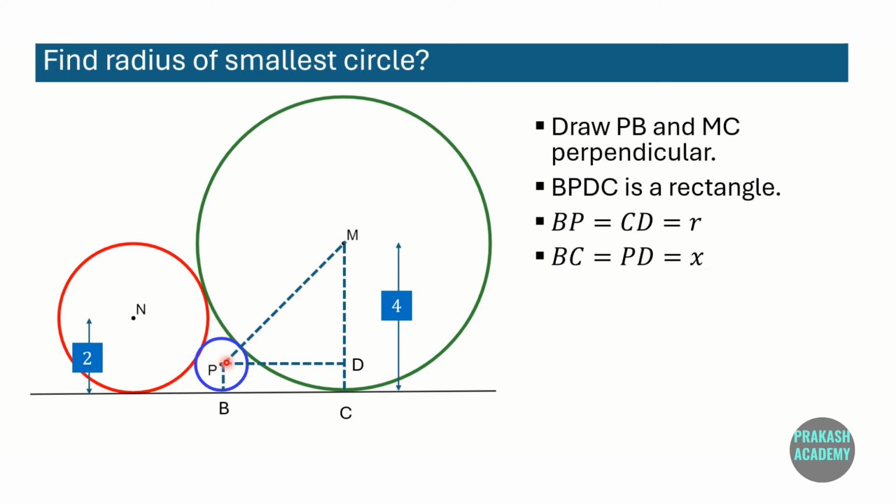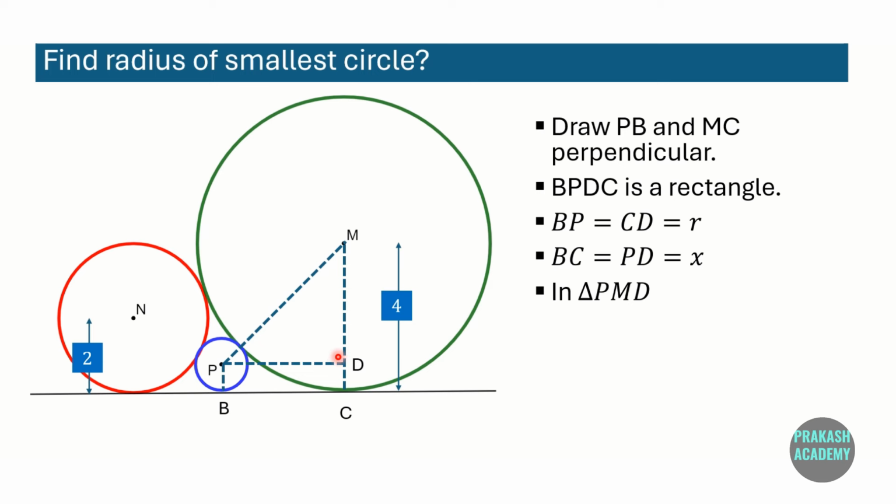Now let us join point P and point M. So this is another line, MP. Now if you consider this triangle, that is triangle PMD, this is a right angle triangle because this angle is 90 degrees from construction.